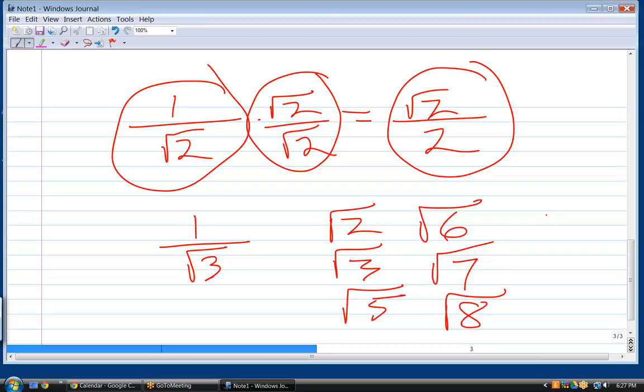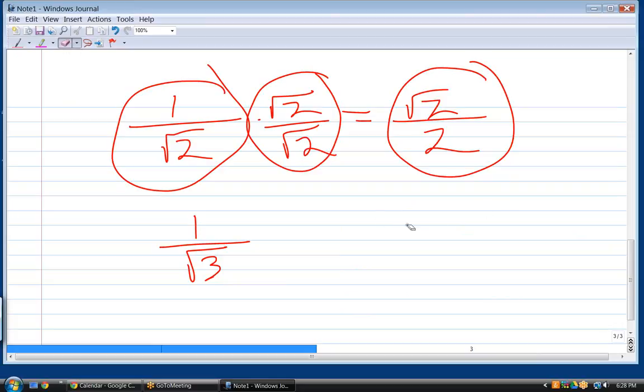Not square root of 9, because square root of 9 is 3. But any square root of a non-perfect square number is an irrational number. So square root of 3 is irrational.